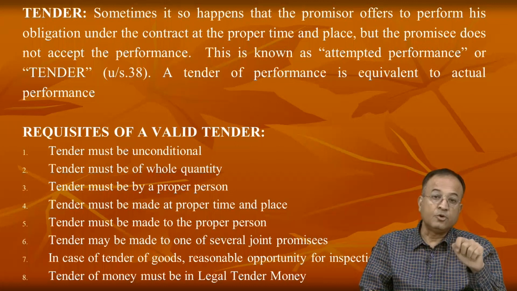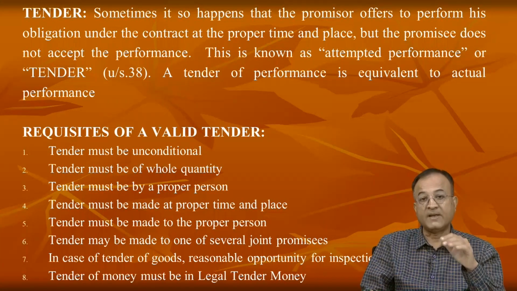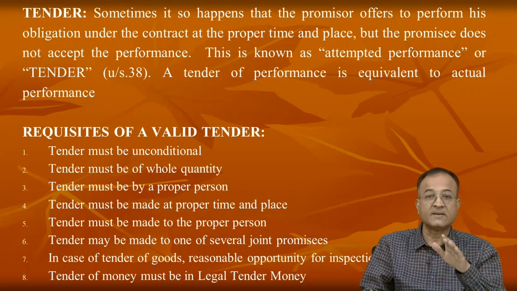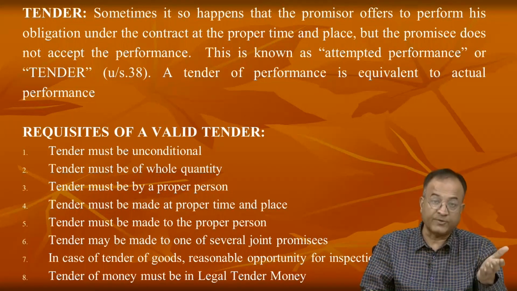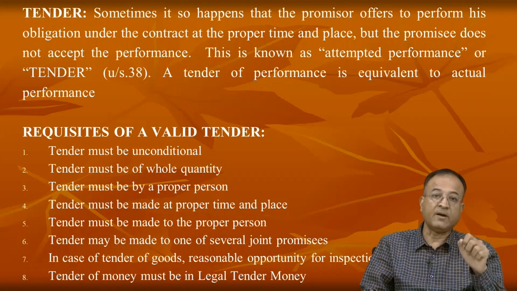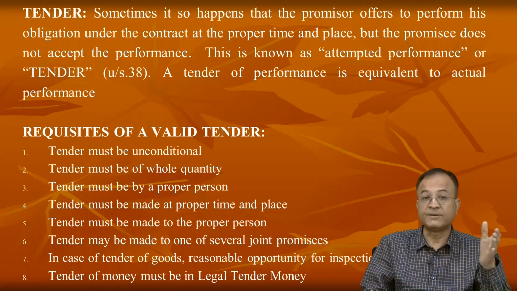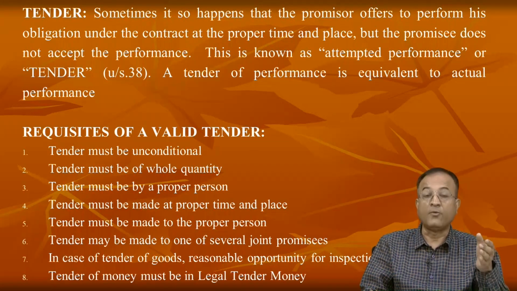Tender to any one of the several joint promisees has the same effect as if the tender was made to all of them. Now G. In case of tender of goods, there must be a reasonable opportunity for inspection of goods.